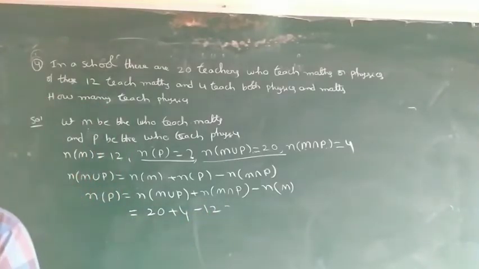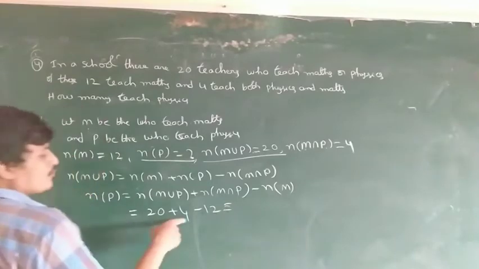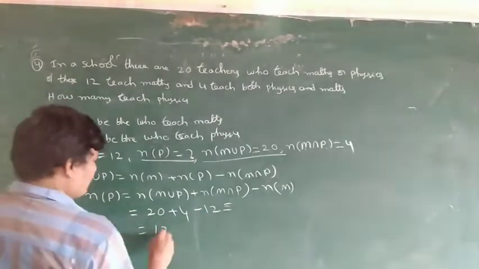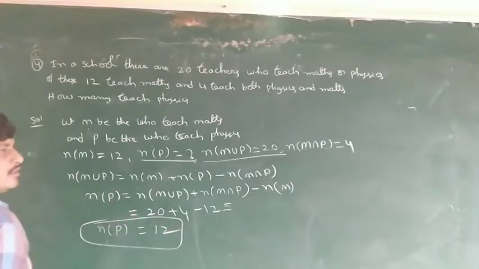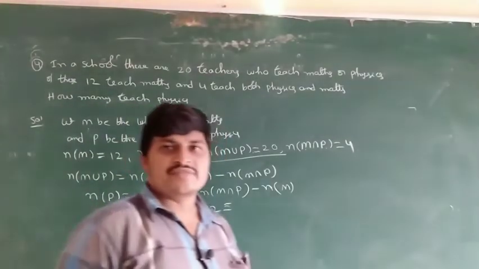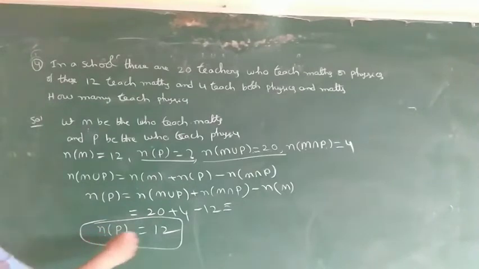So that is 20 plus 4, 24, minus 12, which is equal to 12. N of P is equal to 12.